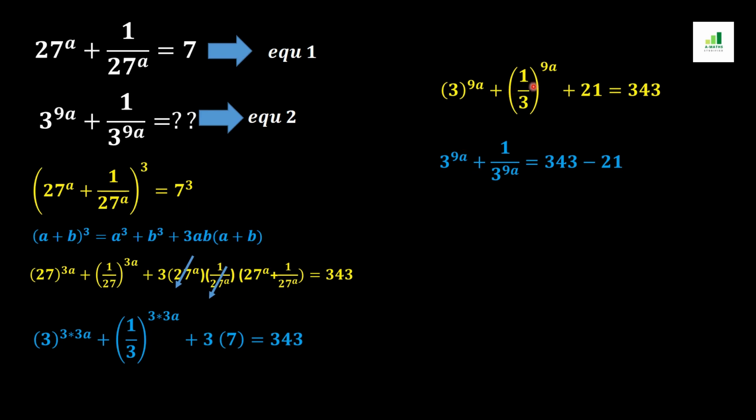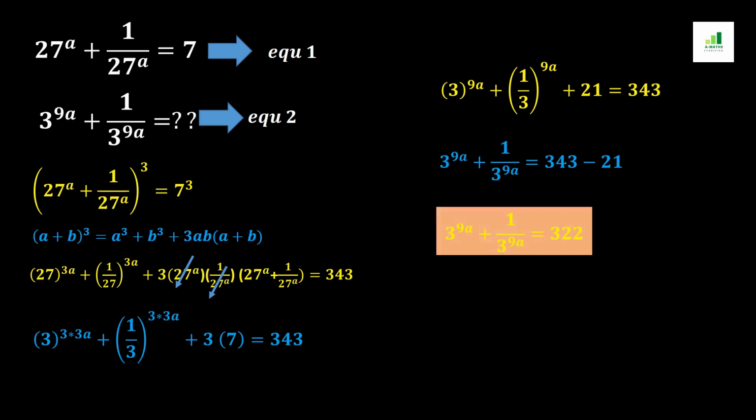When we apply 9a on 1, we will get 1 as before, and when we apply this power on 3, we will get 3^(9a). Now in the next step we should subtract this 21 from 343, and as a result we will get 322, and this is the answer for this expression.